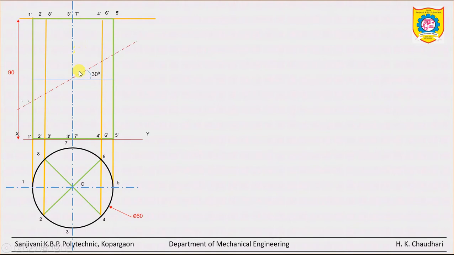Now the intersections we can name B-1, B-2, B-3, B-4, B-5, B-6, B-7 and B-8.